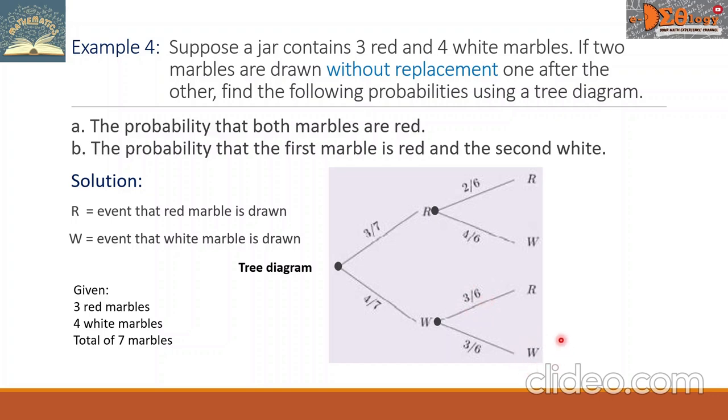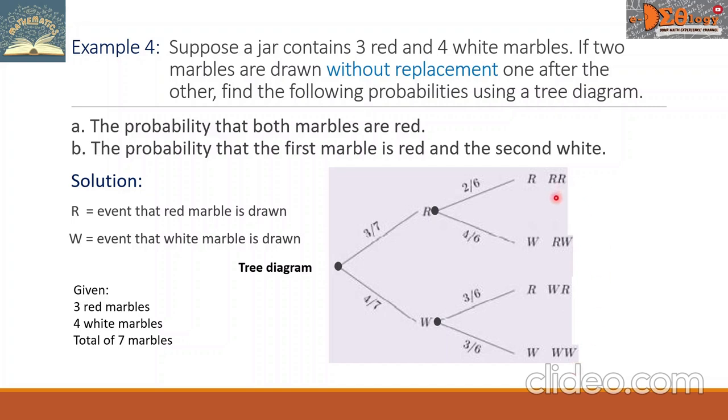For the white marble, there will be 3 remaining white marbles in the jar, all over the total remaining marbles, so 3/6. Now we write the combinations. So this is RR, RW, WR, WW.